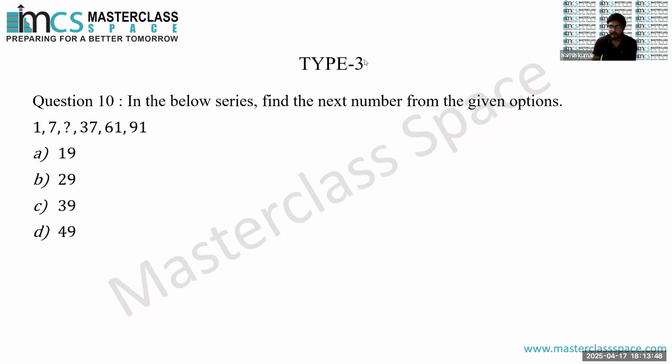What is the difference between 37 and 61? The difference is 24. Between 61 and 91, the difference is 30. Between 1 and 7, the difference is 6. So obviously the difference from here to here should have been 12, and from here to here it should have been 18, because the differences are the multiples of 6. So the number must be 19, right? Yes, 19 is the correct answer.